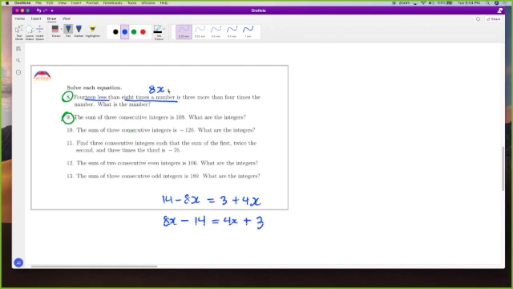So that means that 8X minus 14 is equal. Is is an adjective. It's saying that these two things are the same. Is 3 more, when you're adding 3, than 4 times a number. 4 times the same number.